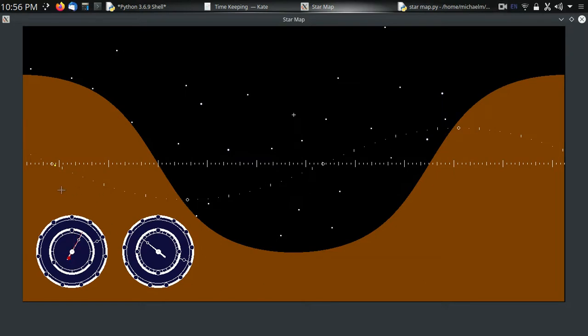Is there anything else? Yeah, these little circles here indicate these are equinoxes. These two are solstices. The big ticks indicate starts of months. The little ticks indicate starts of weeks.